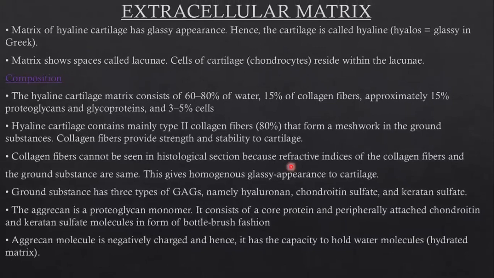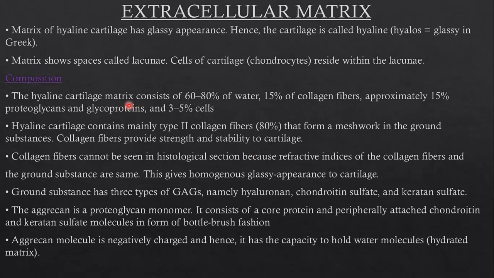Now the extracellular matrix. We have talked about the cells. Now, what about the extracellular matrix? The matrix of hyaline cartilage has a glassy appearance. The matrix shows spaces called lacunae, and the chondrocytes reside within the lacunae. Remember, when discussing the extracellular matrix, you talk about the ground substance and you also discuss the fibers.